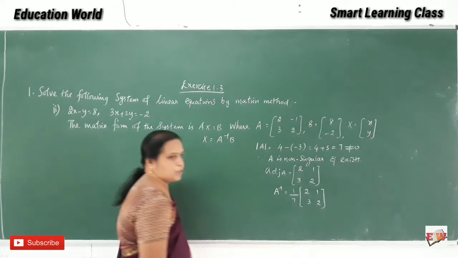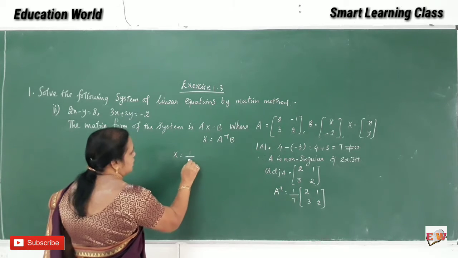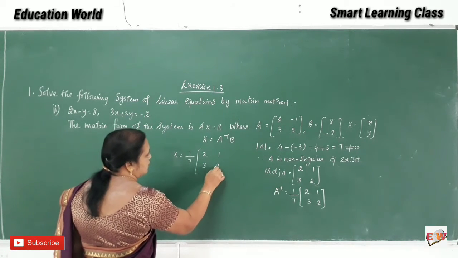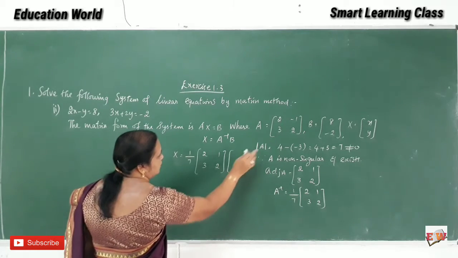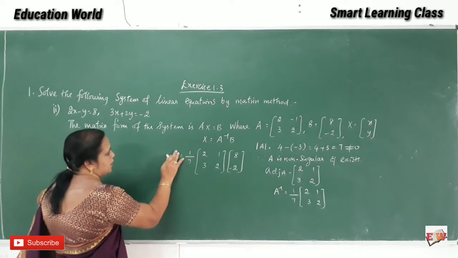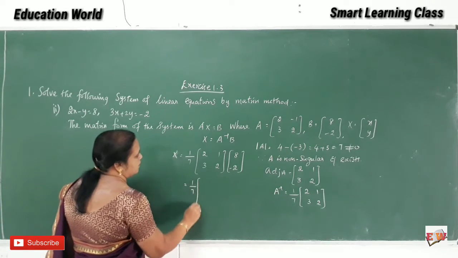This is the A inverse. Now we have to write here A inverse into B: 1 by 7, 2, 1, minus 3, 2 times 8, minus 2.